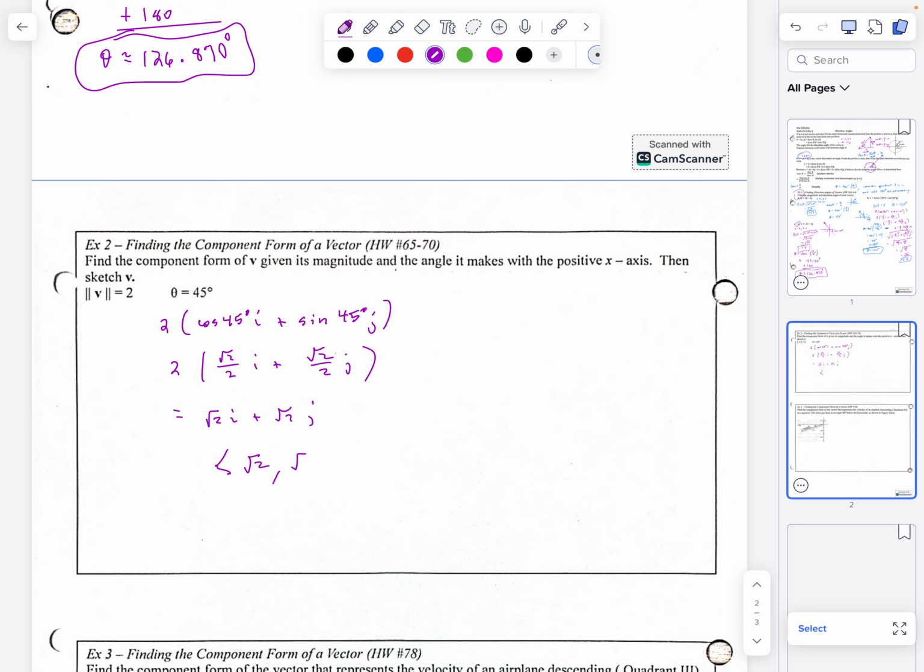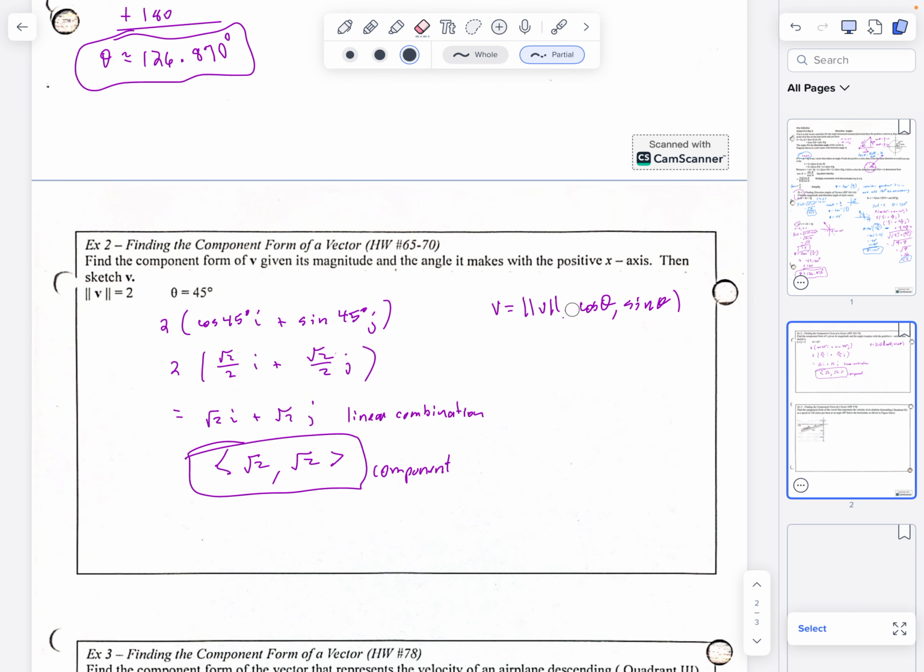And so we could have just gone right there. You change them to root 2 over 2, you distribute, and you get right to your component form. So same thing, and actually a little more direct.